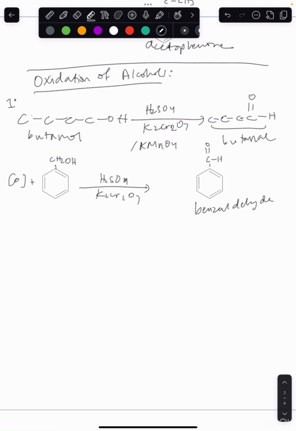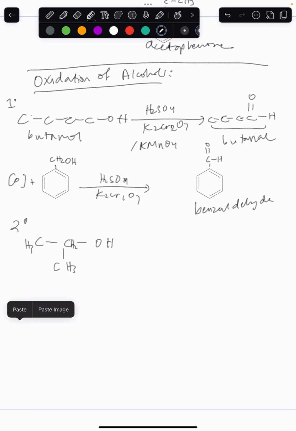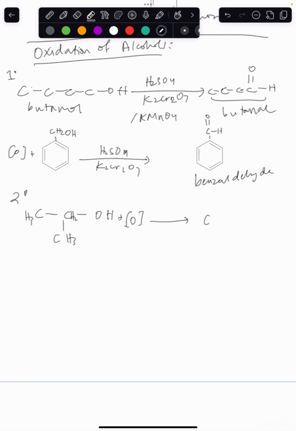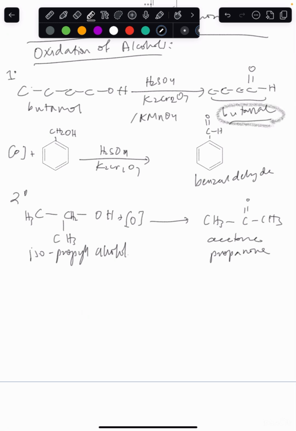Now for ketone, for 2 degree alcohol, we have as an example isopropyl alcohol. We could write it like this, and we combine it, and then what we form is acetone or propanone, because this is isopropyl alcohol. One thing to note is that this butanal will further oxidize into carboxylic acid as well. That is on another note.